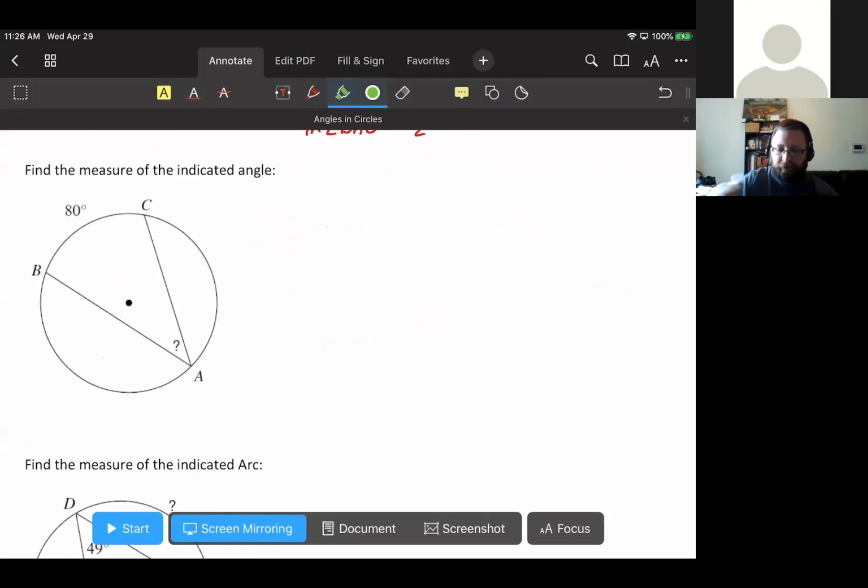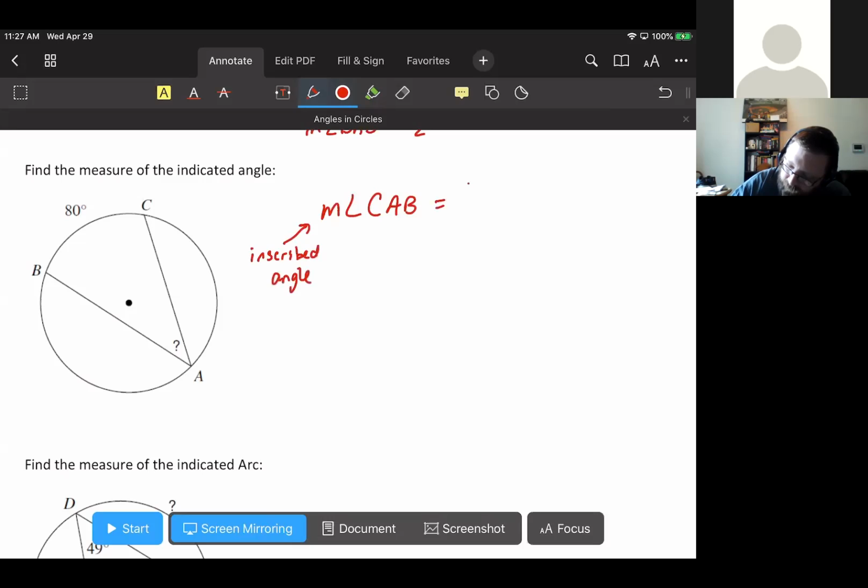So here is a pretty straightforward problem. It says find the measure of the indicated angle. Well, the measure of angle CAB, which is an inscribed angle, is half the measure of the intercepted arc BC.